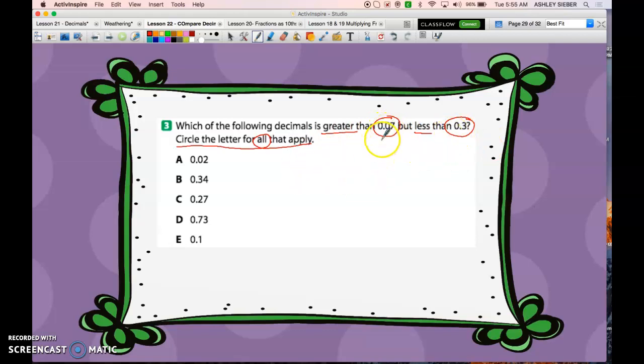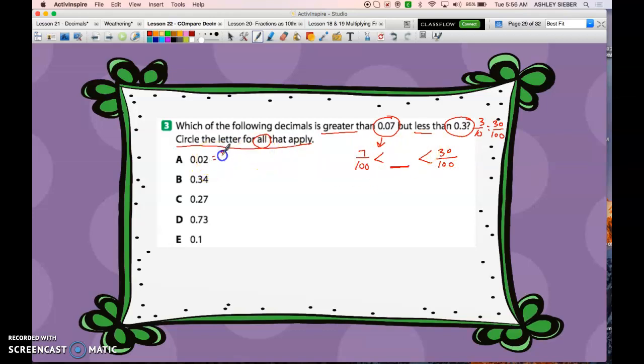I know that this decimal is the same thing as 7 hundredths. So I'm going to look for something that's bigger than 7 hundredths. This decimal is 3 tenths, but I know that also means 30 hundredths. It has to be less than 30 hundredths. So anything between 7 and 30 hundredths.